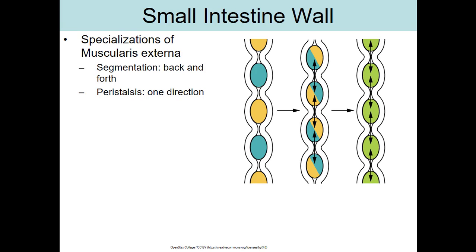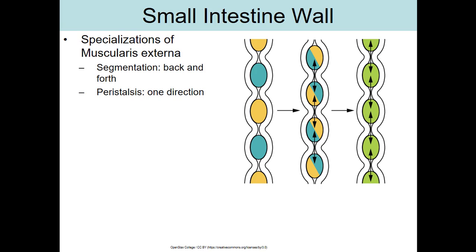We have some specializations of the muscularis externa. Of course, the smooth muscle in this layer is going to be important for peristalsis, for moving the food towards the large intestine, towards the anus ultimately. But there's another specialization here, and this is something called segmentation. With segmentation, we actually aren't just moving the food in one direction. We move it back and forth and back and forth.